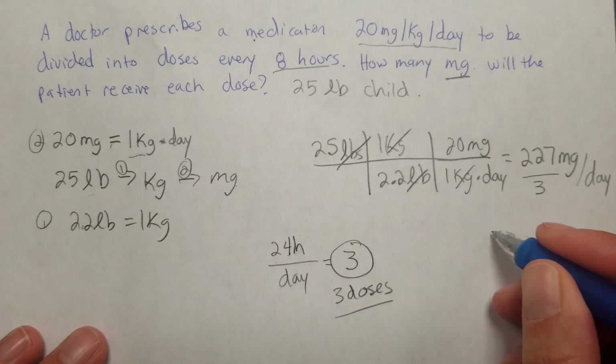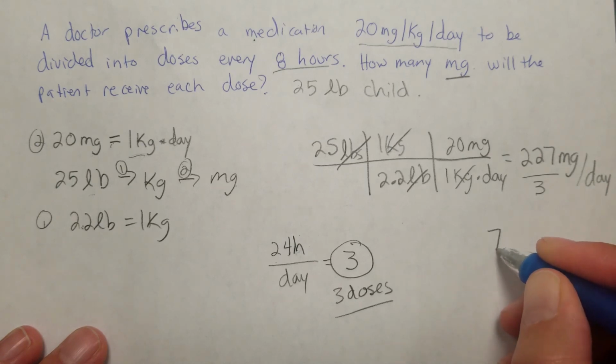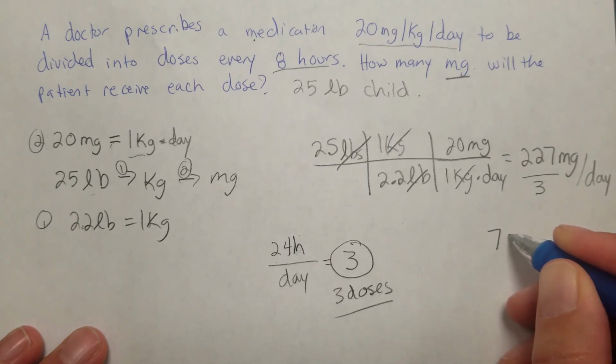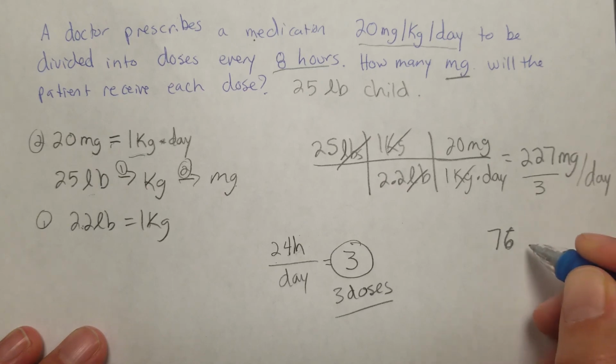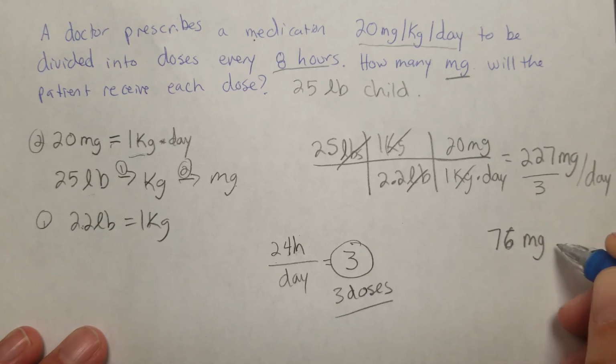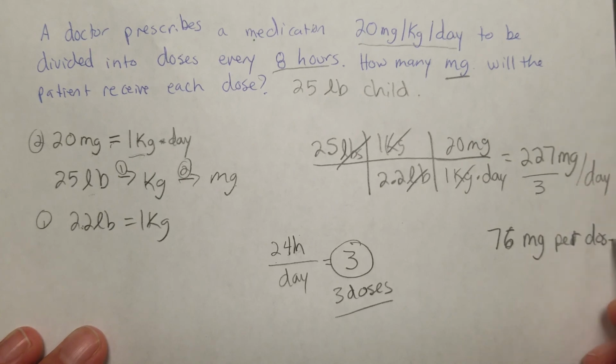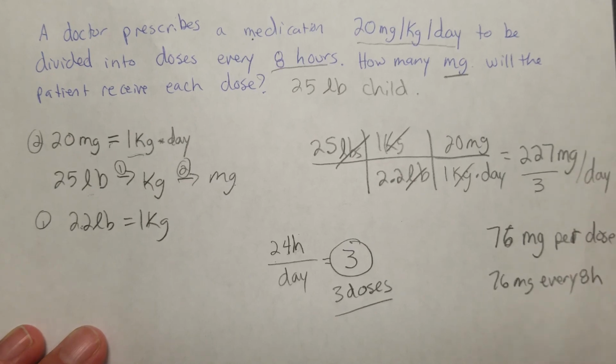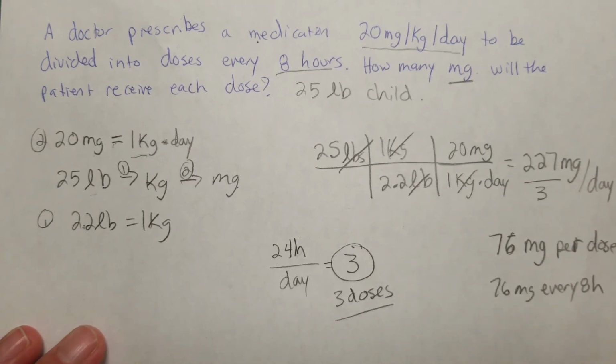And that tells me that each dose, every 8 hours, I'm going to give the child 75, I'm just going to round up to 76 milligrams. So you could write it as per dose, or you could write it as every 8 hours, however you'd like to do that.